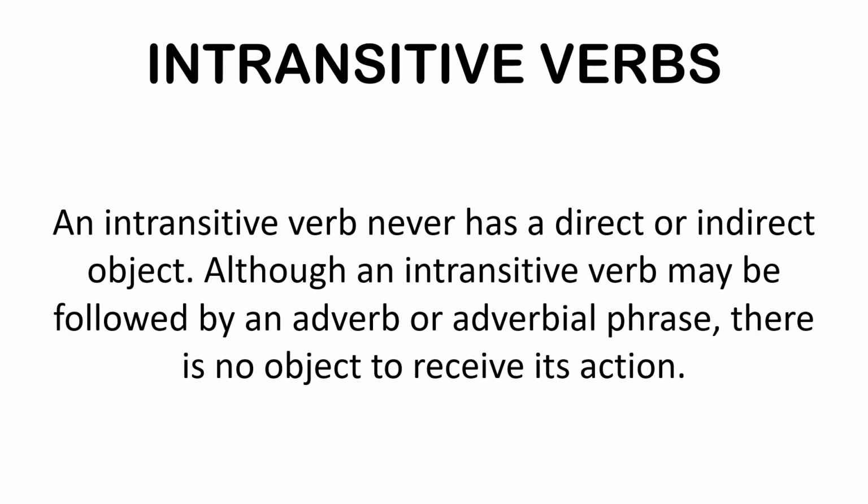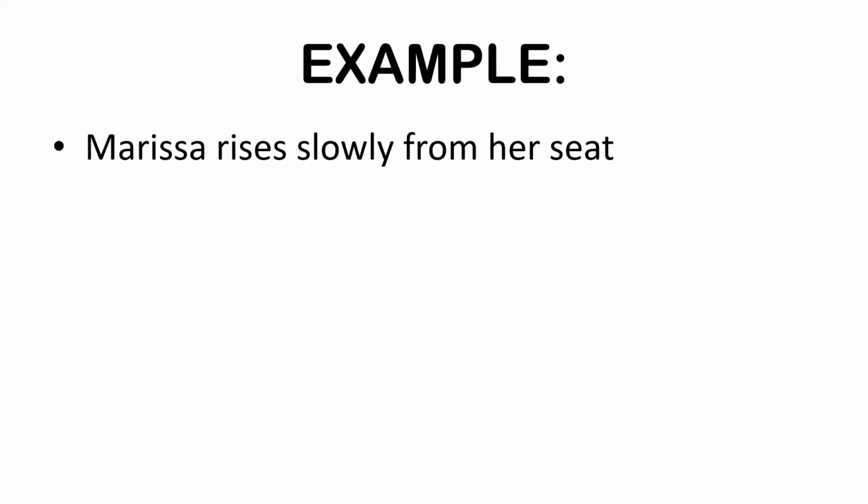Intransitive verbs. An intransitive verb never has a direct or indirect object. Although an intransitive verb may be followed by an adverb or adverbial phrase, there is no object to receive its action. For example, Marisa rises slowly from her seat.